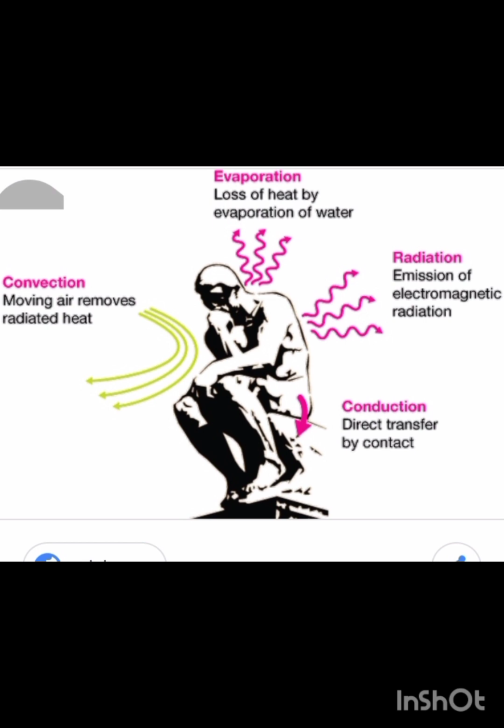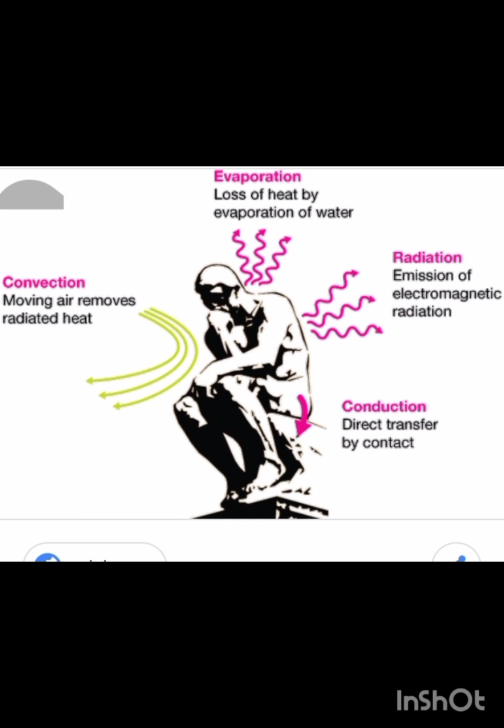And through the evaporation, through the lungs, and evaporation in the form of sweat. When we exhale carbon dioxide, some amount of moist heat also goes out in the form of evaporation. And through sweating also our heat will get evaporated outside and our body will become cool.